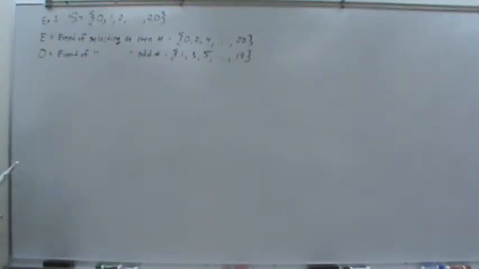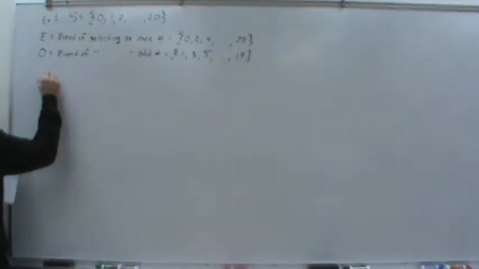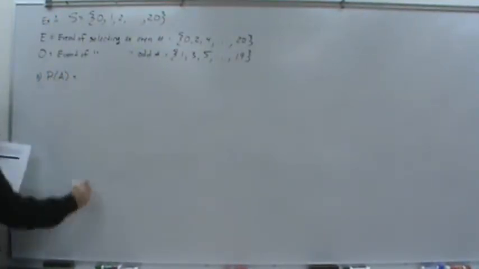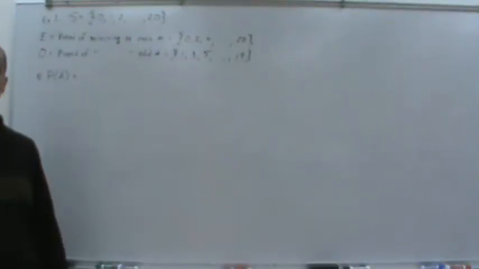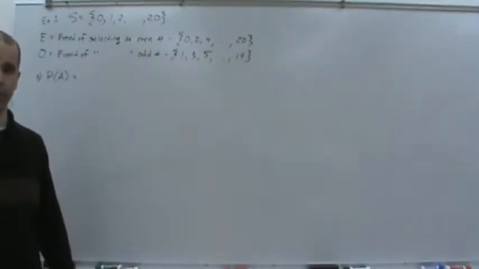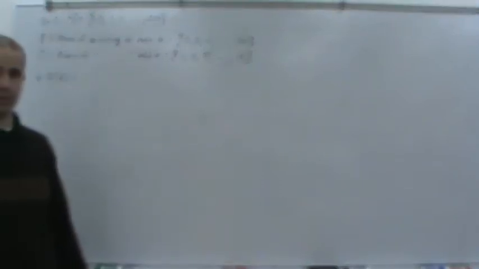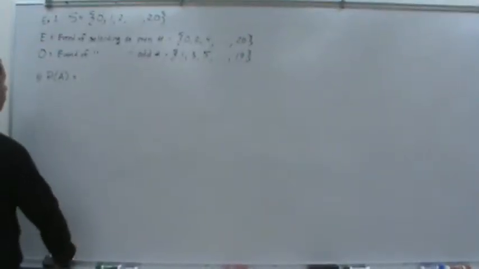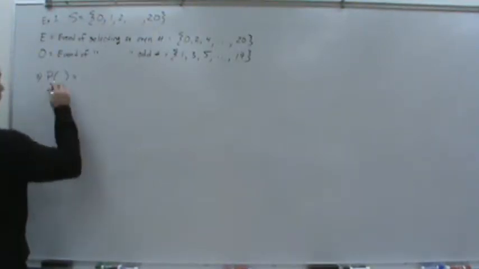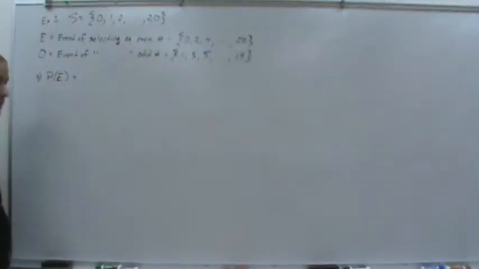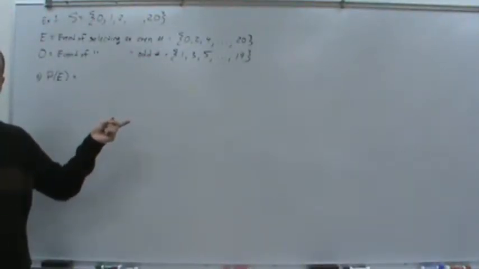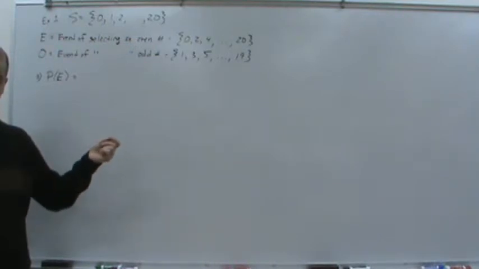Now let's answer some questions. What's the probability of A? We're just going to apply the theoretical definition of probability. How many outcomes out of the sample space give me A, or excuse me, not A, E. Sorry about that, E. How many numbers are in the set that represent E?